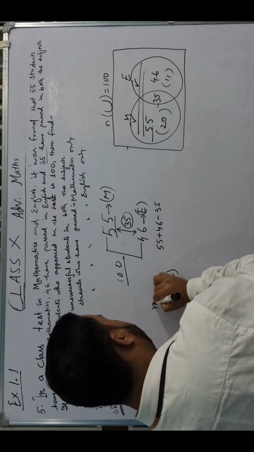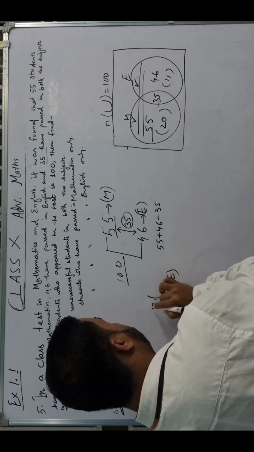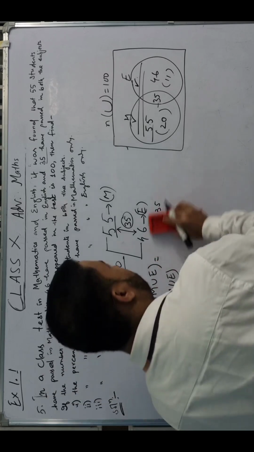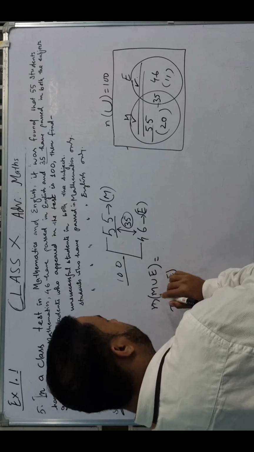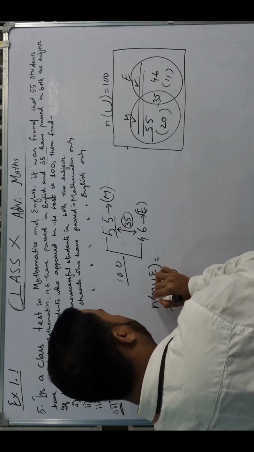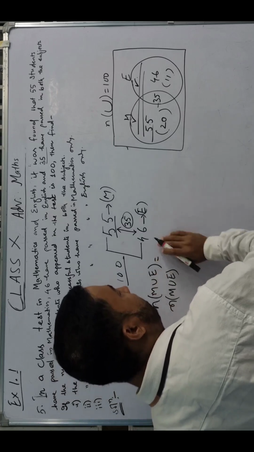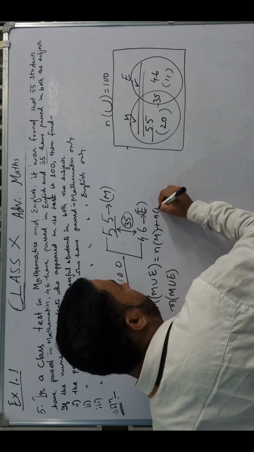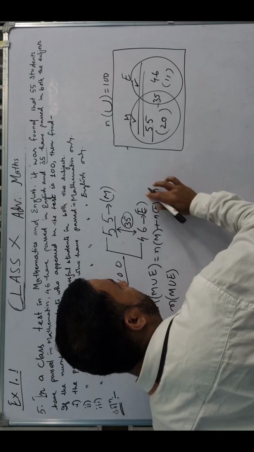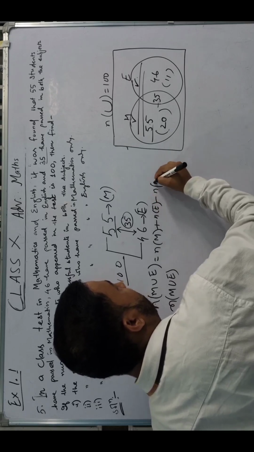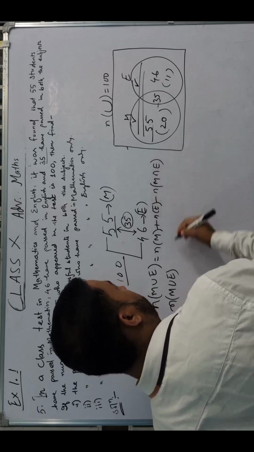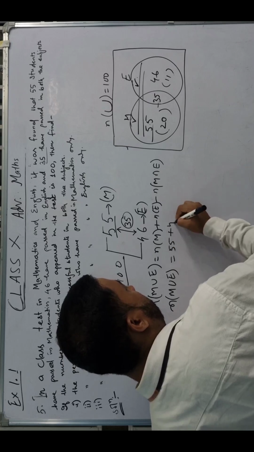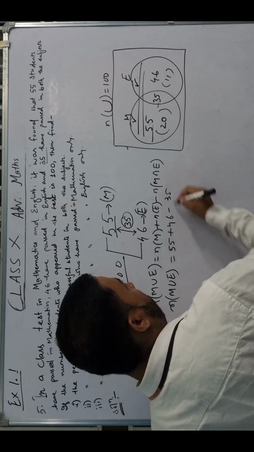Recall that A union B is equal to number of A plus number of B minus number of A intersection B. So number of M plus number of E minus number of M intersection E. Now it will be equal to 55 plus 46 minus 35.